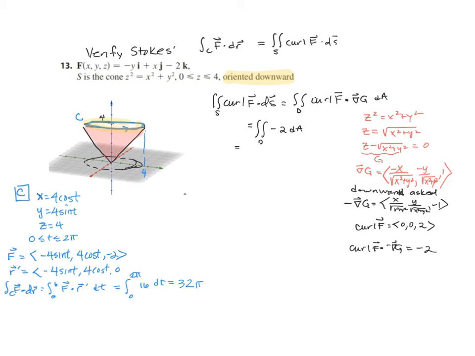So we can just do this using the area interpretation. This is negative 2 times the area of that circle of radius 4, which is pi times 4 squared, so negative 32 pi.